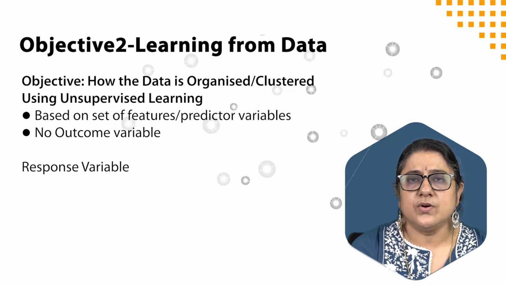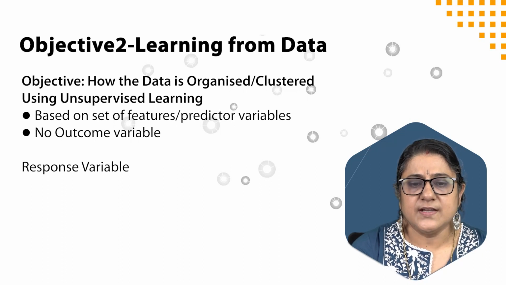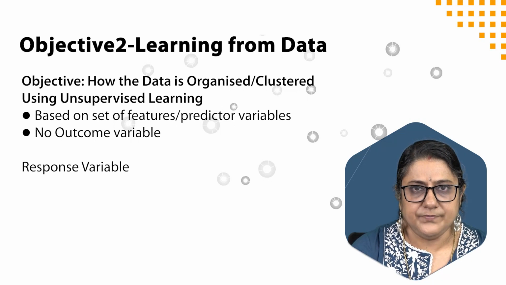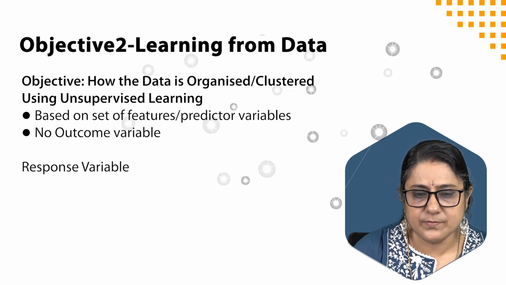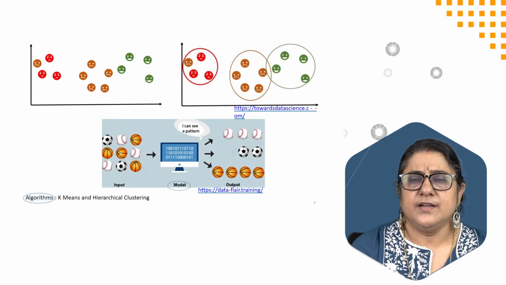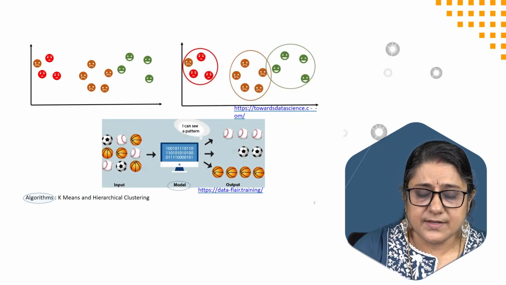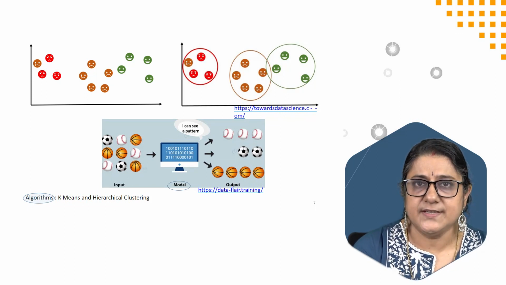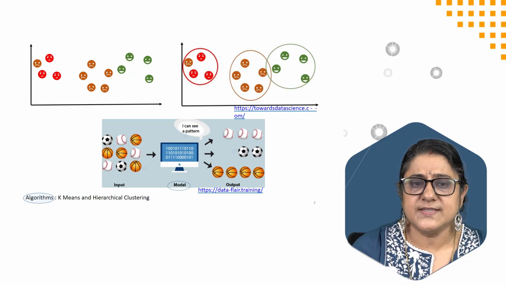So this is also called clustering, which is unsupervised, and there won't be any outcome variable as we have seen in the supervised. For example, if you see here, there are algorithms like k-means, hierarchical clustering, density based clustering. There are many algorithms.